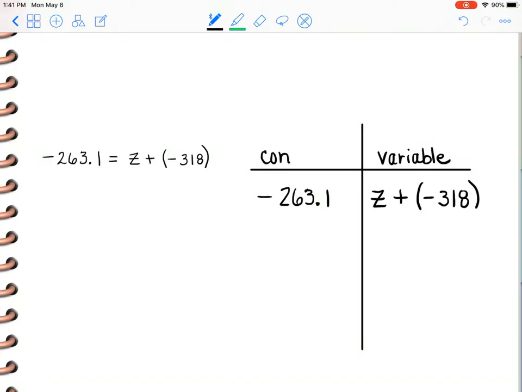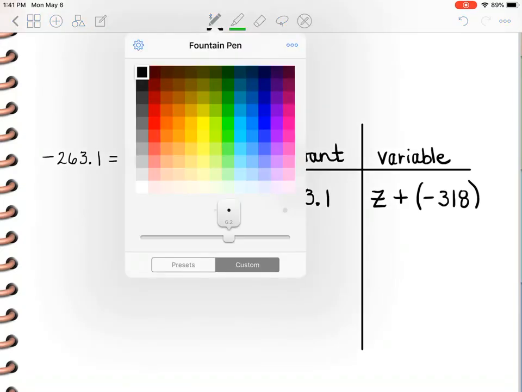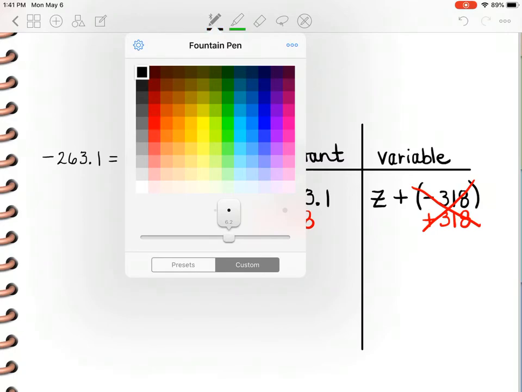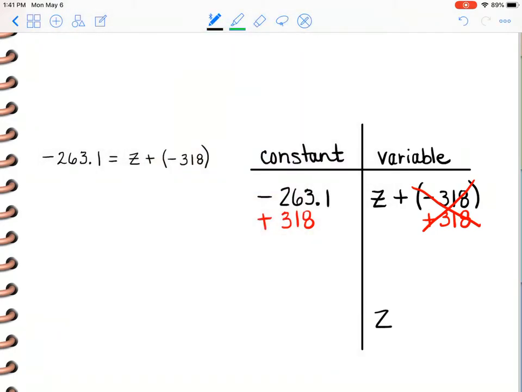This is the constant team because it is a constant number value. And it is the 318 that needs to move, so we're going to take care of that right here. So the opposite of minus 318 is plus 318. And we're going to put that over here and cancel. So all that's left on the right side is the z.